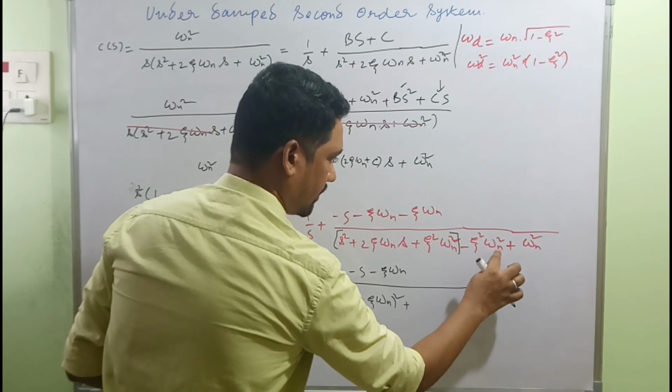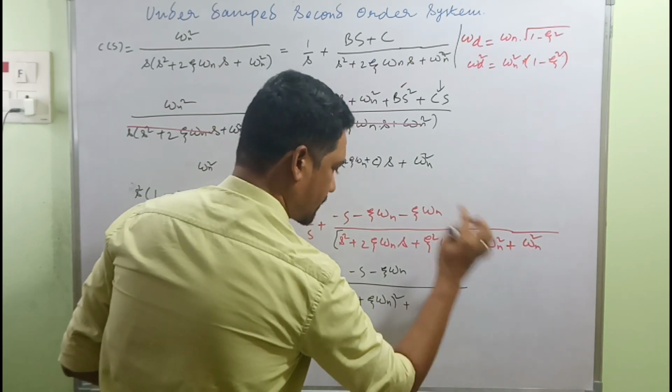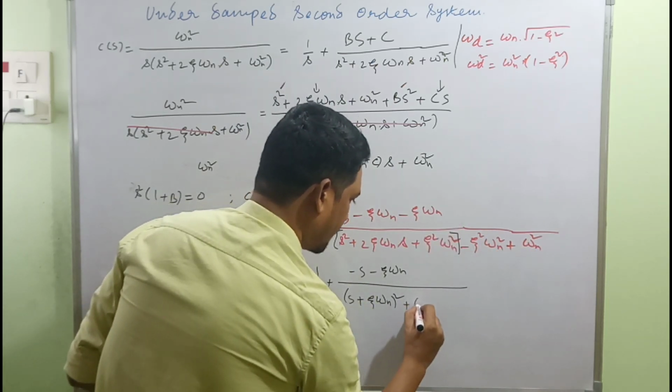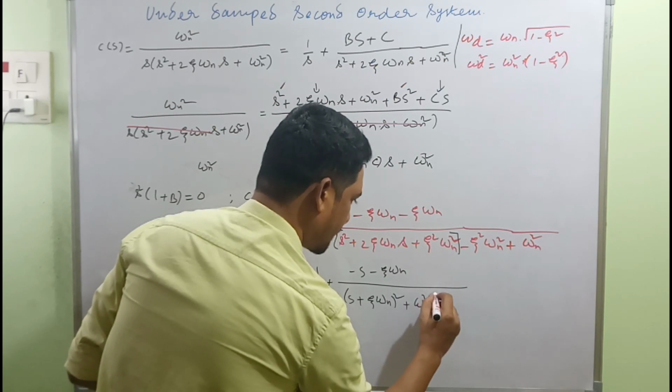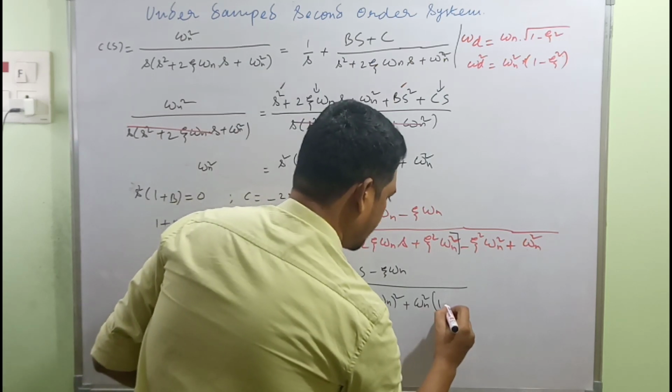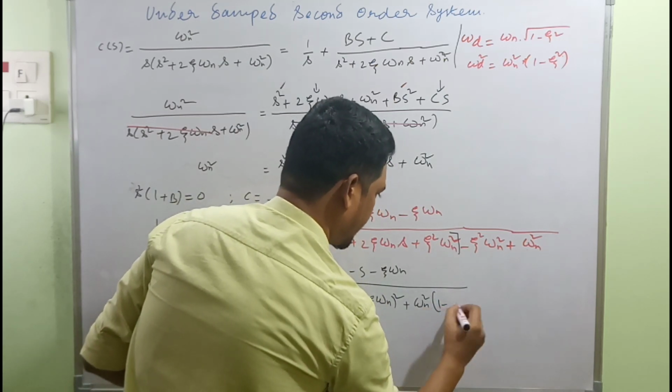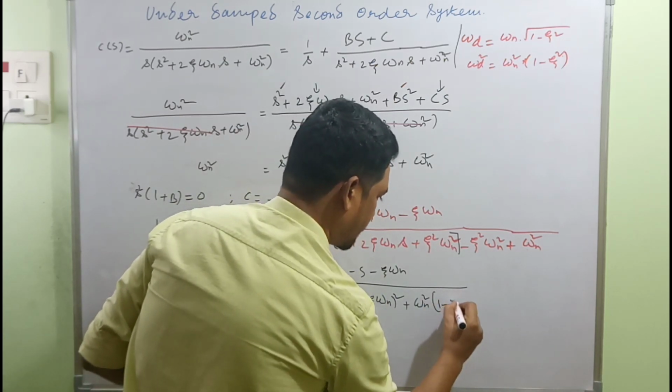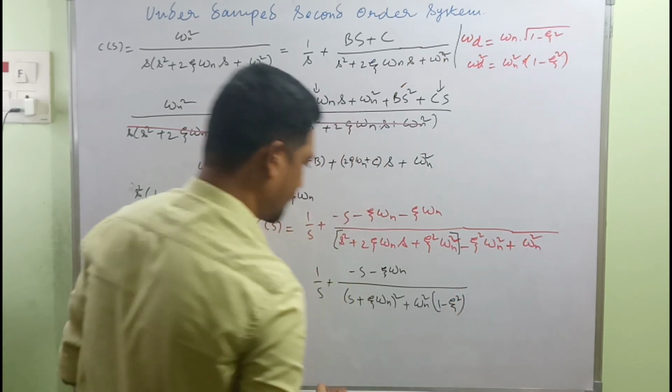Taking out omega n square as common from this and this, what will that lead to? Omega n square is taken out as common from here, so that will be 1 over here, and negative is left over here, negative, this has come out, so it will be zeta square, right?